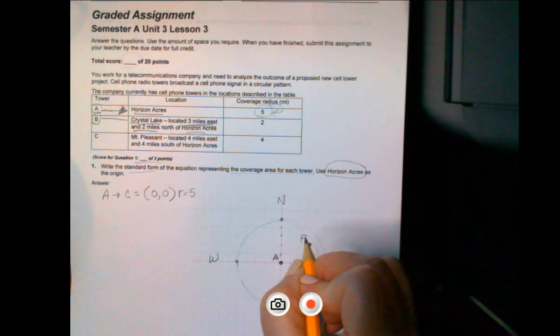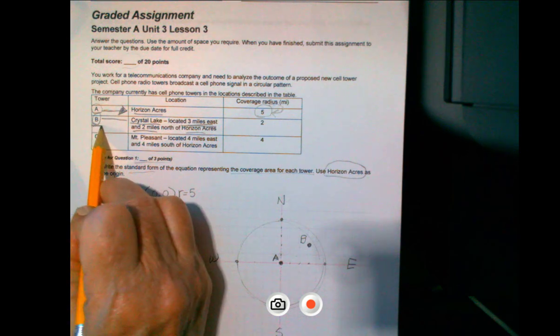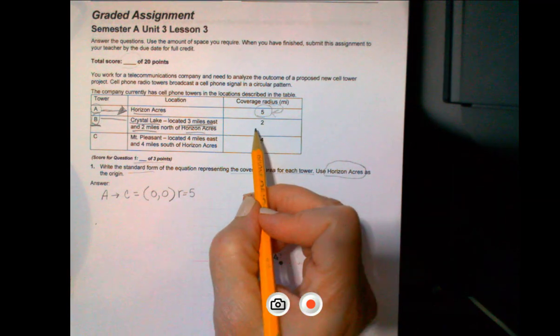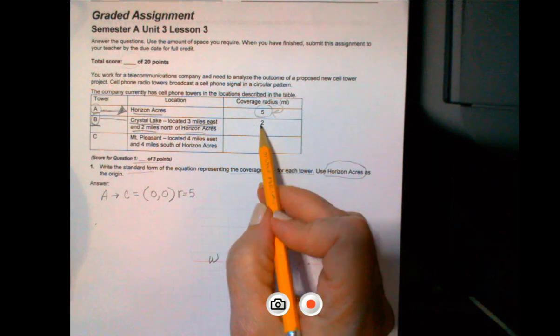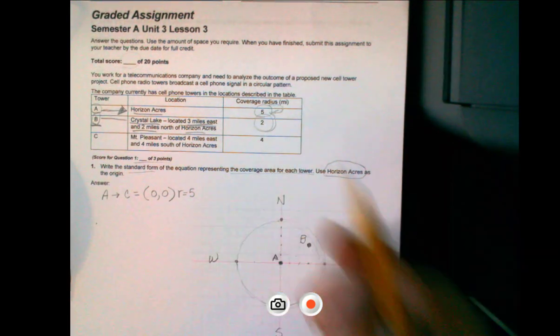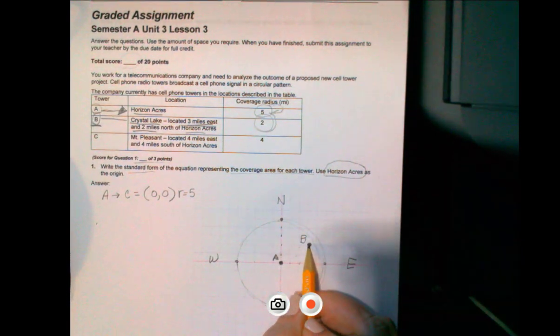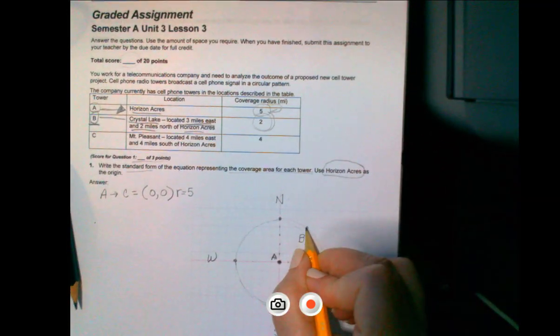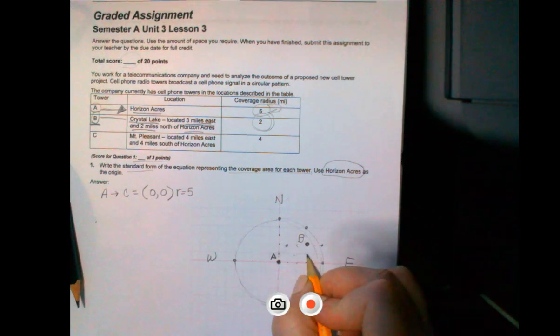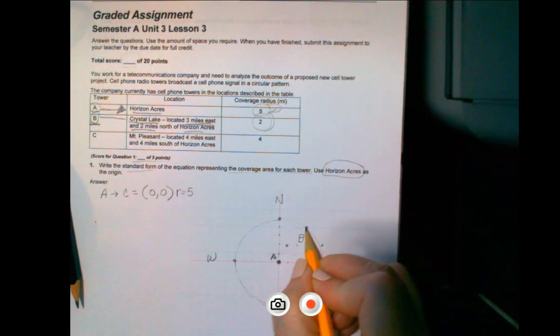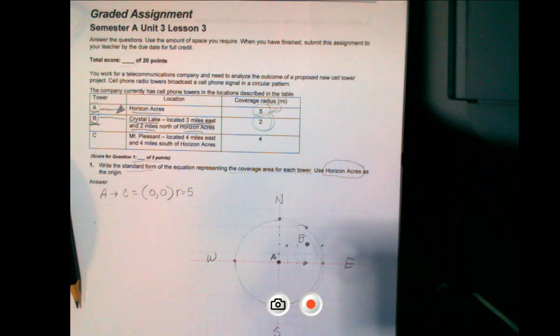I'm going to label that B. Now I'm going to draw the circle where the cell phone coverage will map. The radius for this location is 2. So I'll go up 2, to the right 2, to the left 2, and down 2.